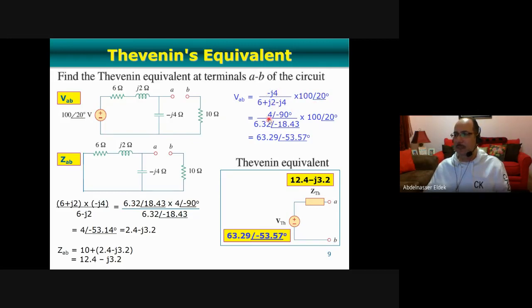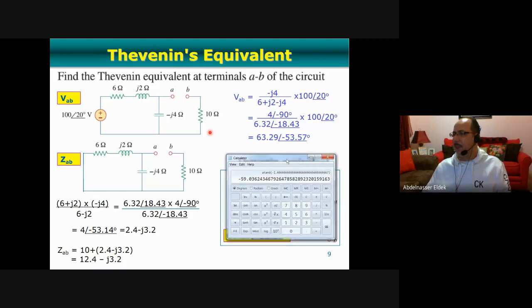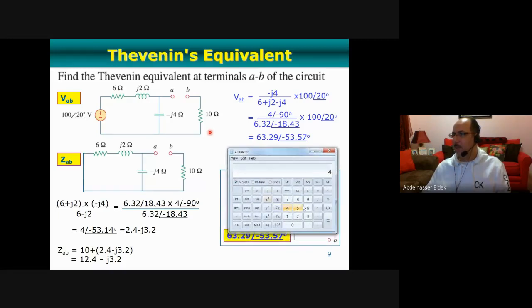Negative J4 is 4 with angle negative 90. This is 120. This one is 6 minus J2, which will be 6.32 with angle negative 18.43. You multiply the amplitudes: 4 times 120 divided by 6.32 equals 63.29.